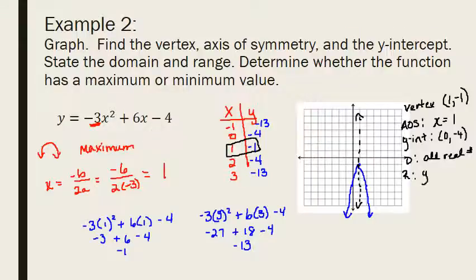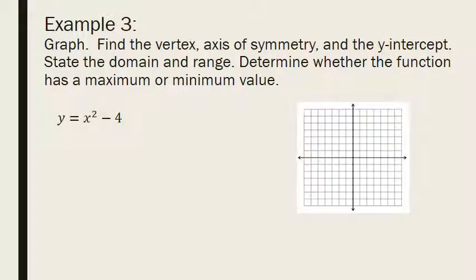So it's going to be y is less than or equal to negative 1. If you wanted to do that Algebra 2 style, it would be negative infinity to negative 1 with the bracket there. And to determine whether it was a maximum or a minimum, we already said we had a maximum, and that maximum value was negative 1. And there it is. Let's look at example 3.